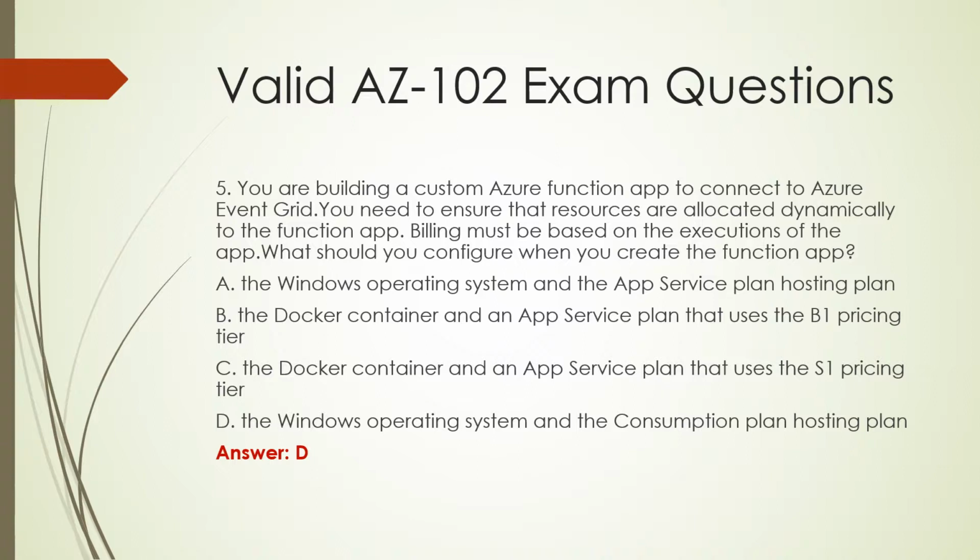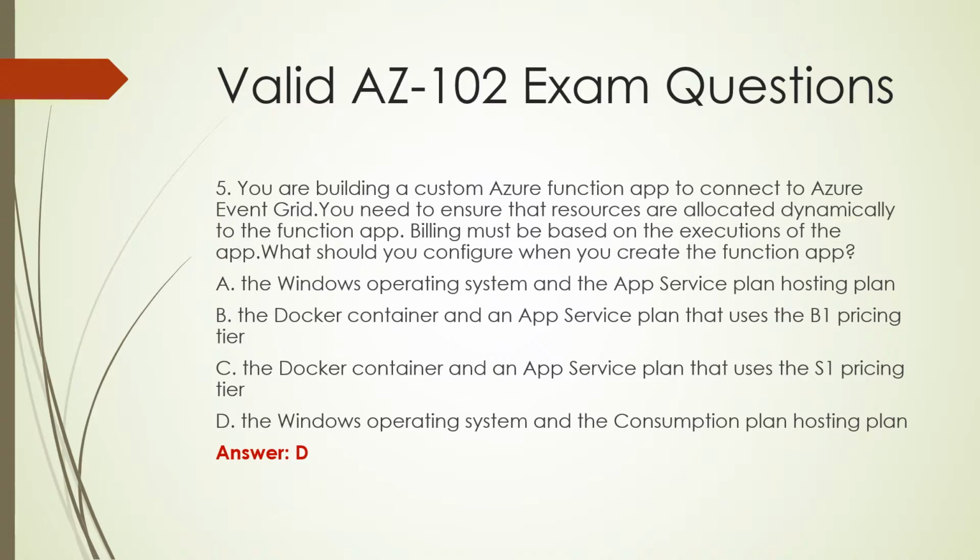5. You are building a custom Azure Function app to connect to Azure Event Grid. You need to ensure that resources are allocated dynamically to the function app. Billing must be based on the executions of the app. What should you configure when you create the function app? A. The Windows operating system and the app service plan hosting plan.